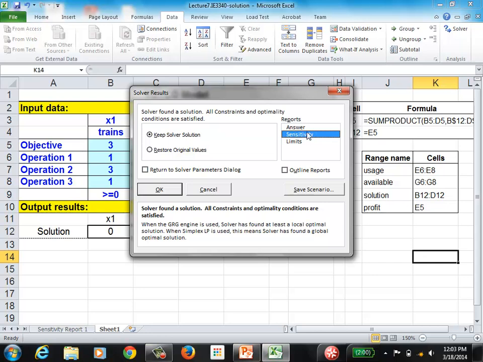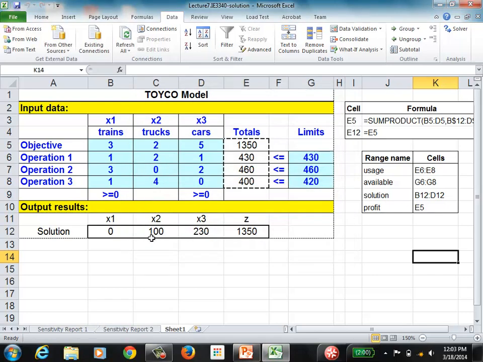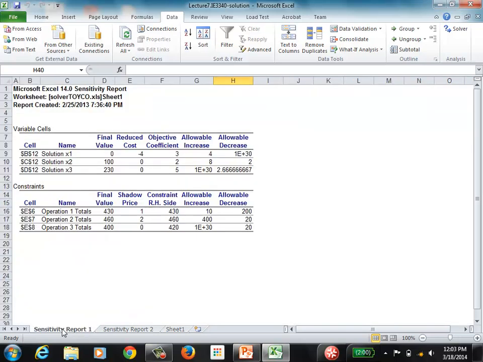If you click on this one, it will generate the report for the sensitivity. So if you click there and then click OK, you'll still have your optimal solution here, but if you go to the tabs, you'll see the sensitivity report. If you click on that report, you'll see these two tables.